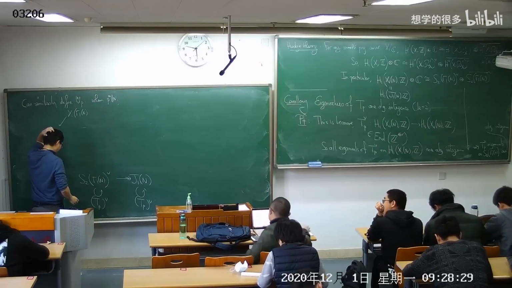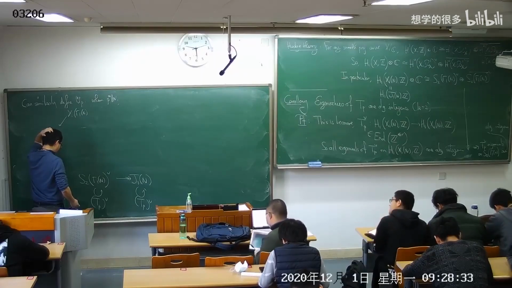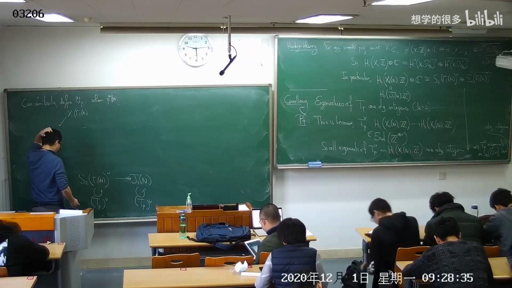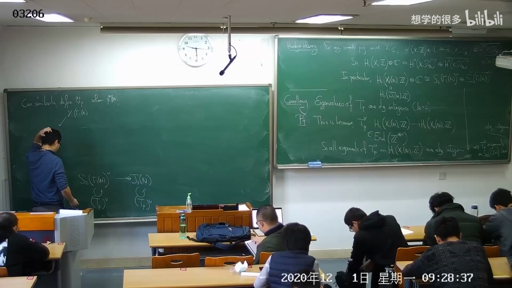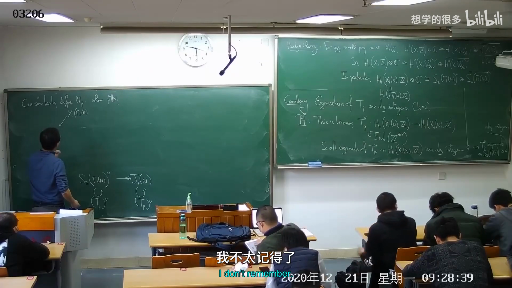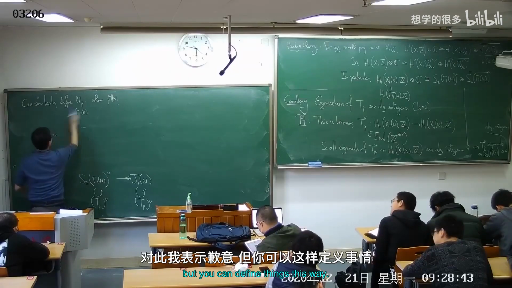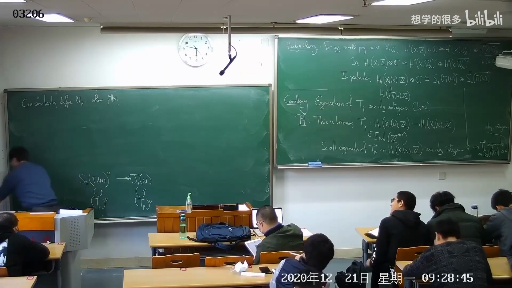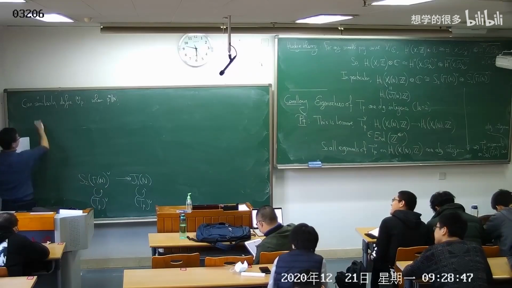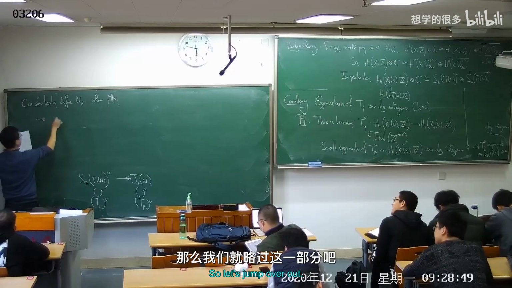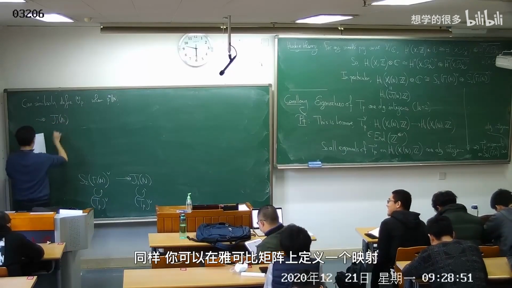Shoot. I don't remember. I apologize for this, but you can define things this way. You can define something. So let's jump over. I'll think about that and send you a note.